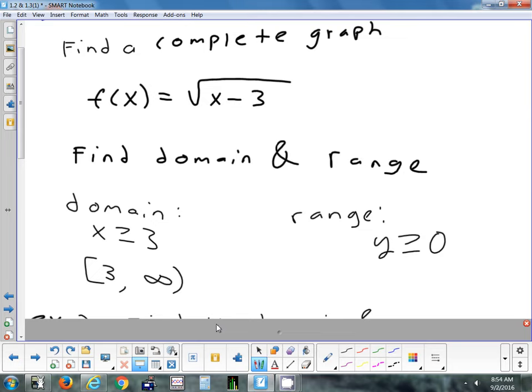Yeah, Rachel? Nothing, so it would be like greater than or equal to? Yes, it's going to be everything greater than or equal to negative 4, or if you want to write it as an interval, everything from negative 4, including it, going up forever.